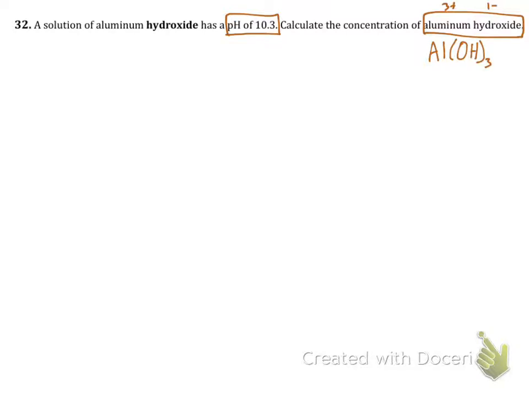And this pH gives us the concentration of the hydrogen ion. But this has hydroxide. So the first thing we need to do is we need to figure out how we can figure out the hydroxide ion concentration.